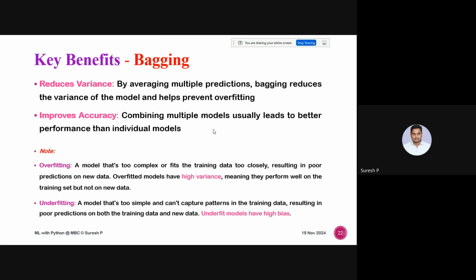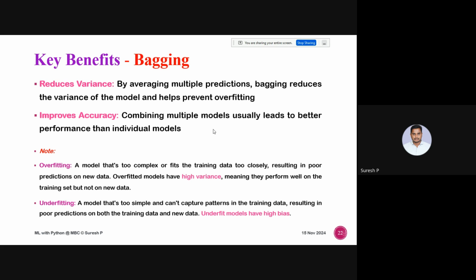Because of that lack of information gathering in the learning process, it produces poor predictions on the new data and also on the training data. So this is called underfitting. Underfitting models will have high bias, which is an error rate. This can also be reduced in bagging.